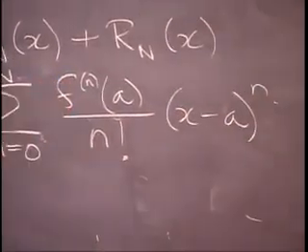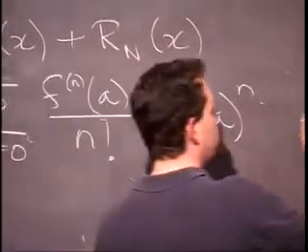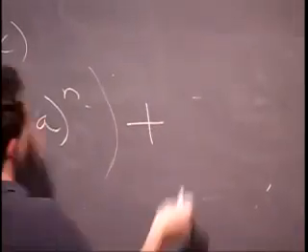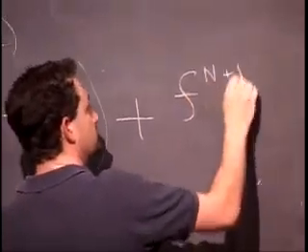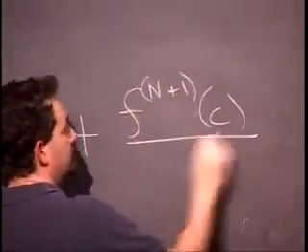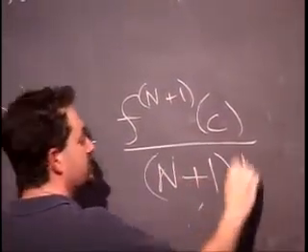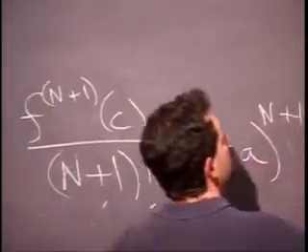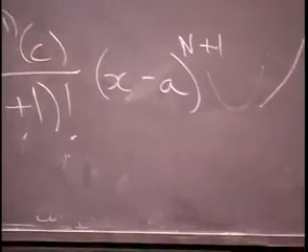That's just the definition. And then plus this remainder, which I'll just copy. And again, c is between x and a.